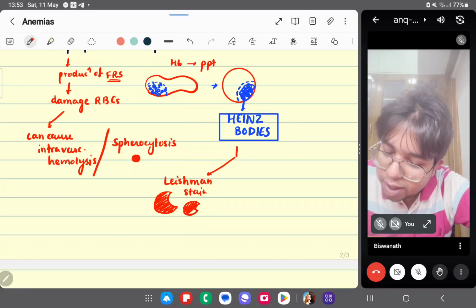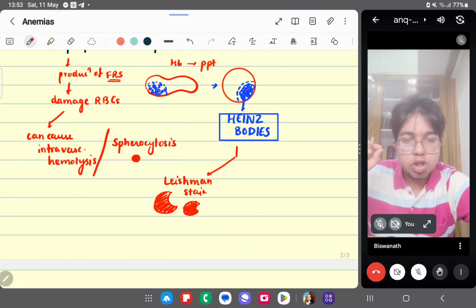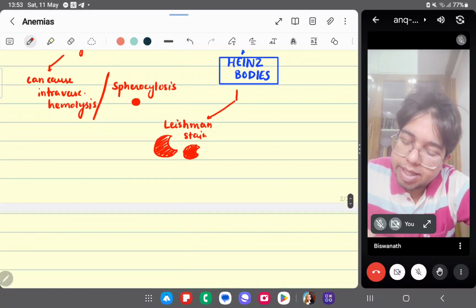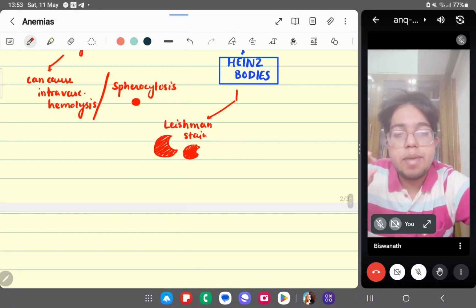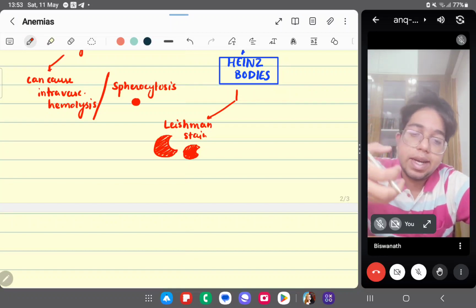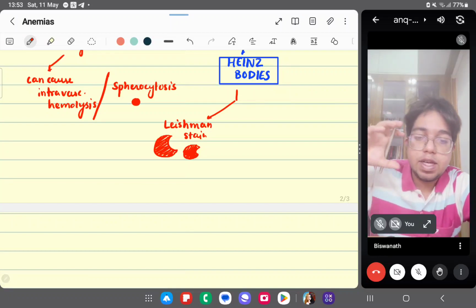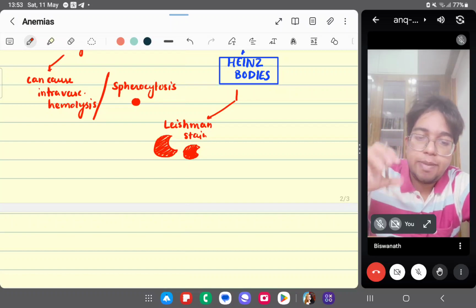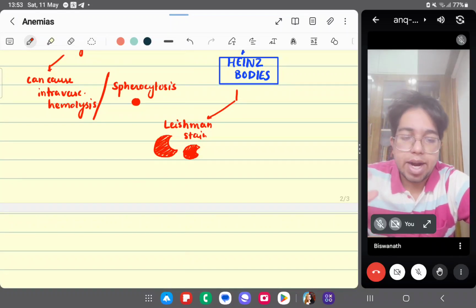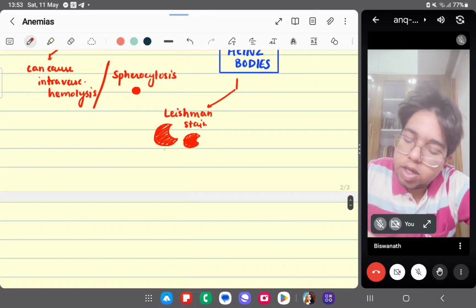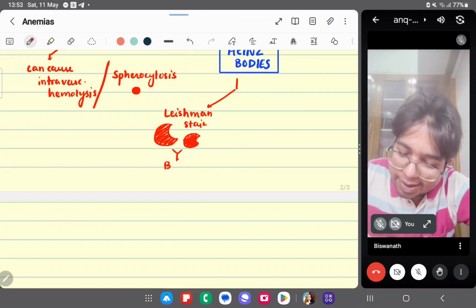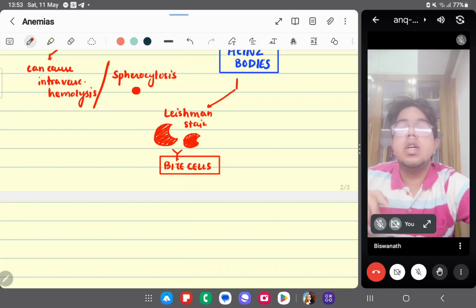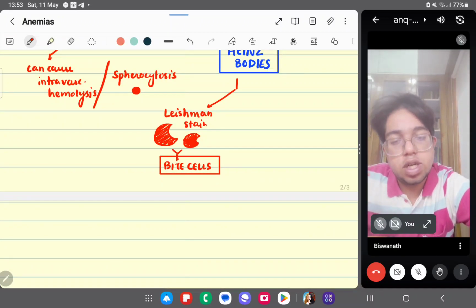The portion where the Heinz body is absent looks like a chopped up thing, like you have a Choco Pie and you take one bite. So this type of cell is called a bite cell. Understood? The denatured globin is not stained.